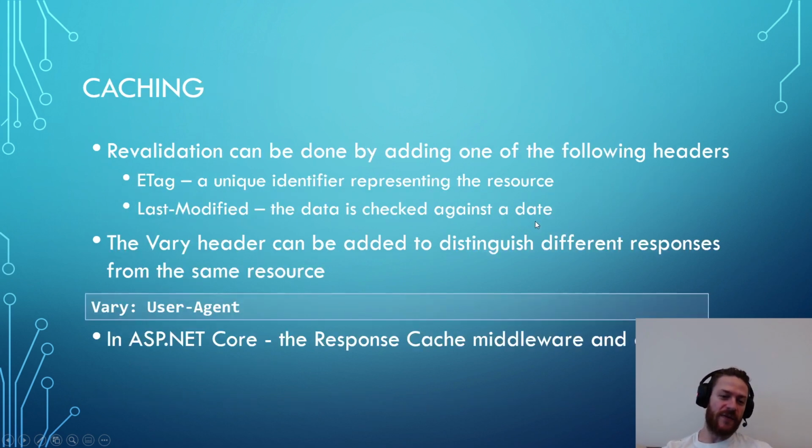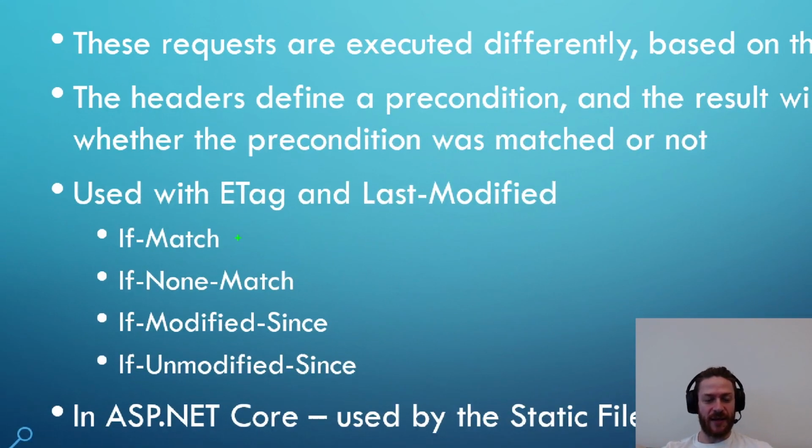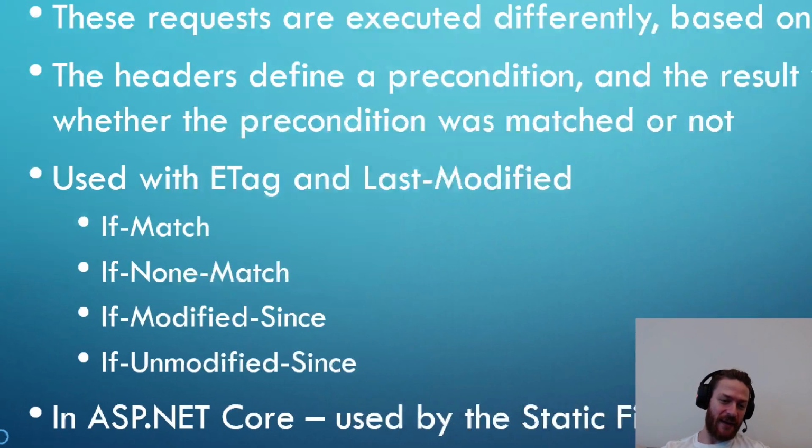For example, if the server sends an ETag, then the client can say, if the ETag matches this ETag I have here, then return me the new data. And if the ETag doesn't match anything, then return me new data. So I can control the request by adding these headers.